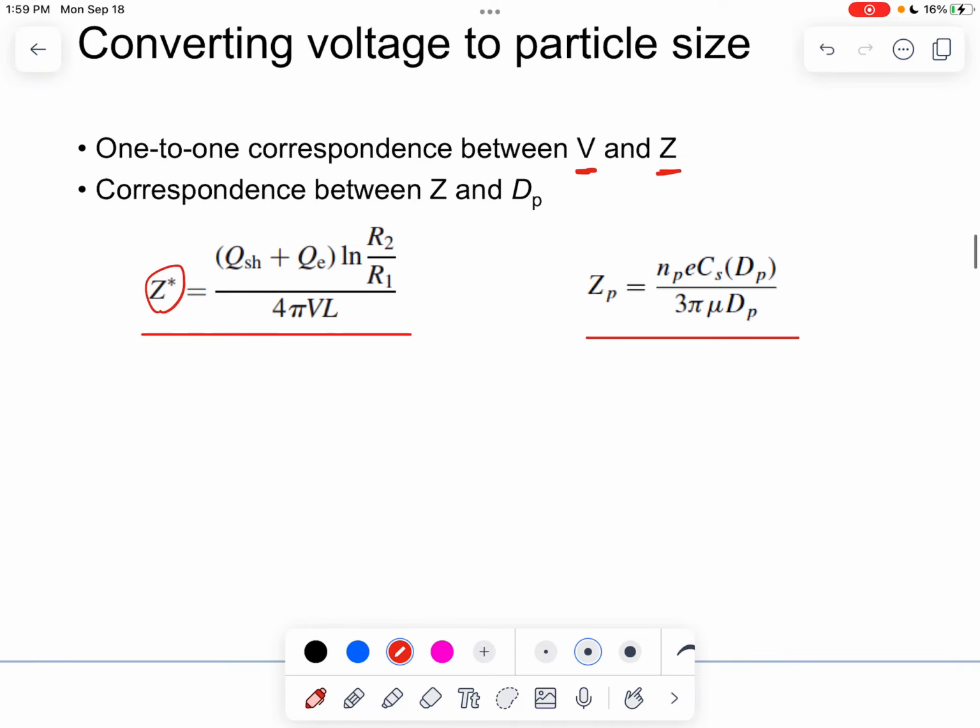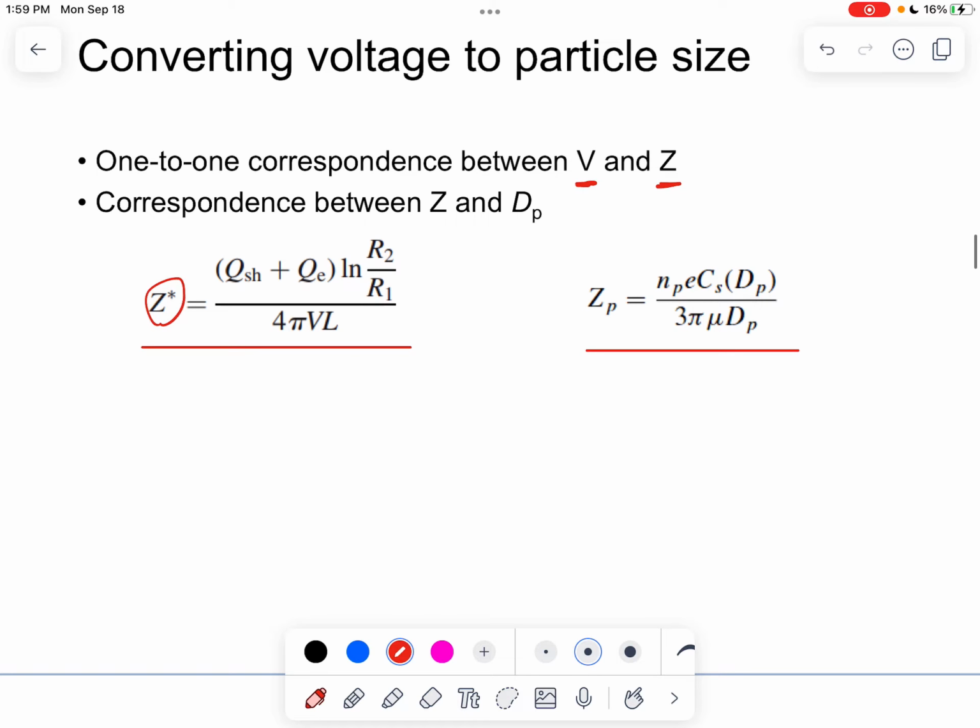So because of that, if you, let's say, set up the DMA voltage to be 1000 volts, and further, if you know the flow rates and the dimension of the DMA, then you can calculate the electrical mobility. And further, by assuming different numbers of charges on the particle, it can be +1, +2, +3, +4, then you can convert it into the electrical mobility size, right?